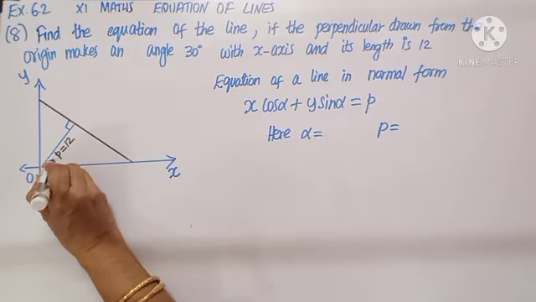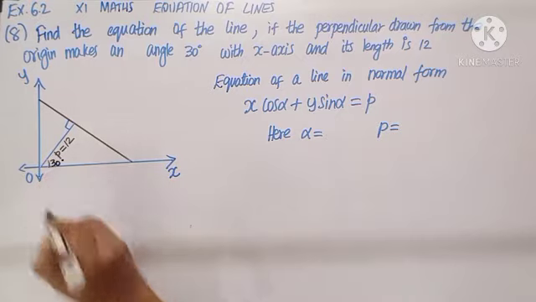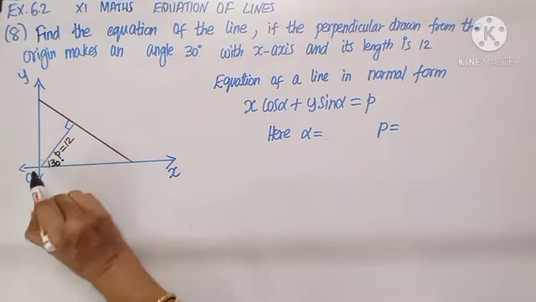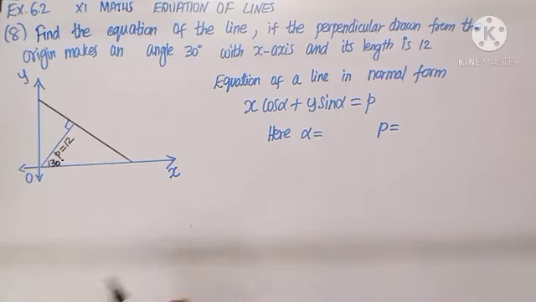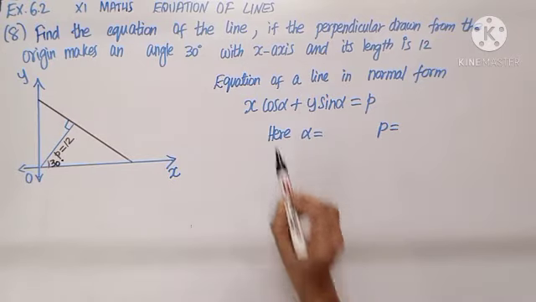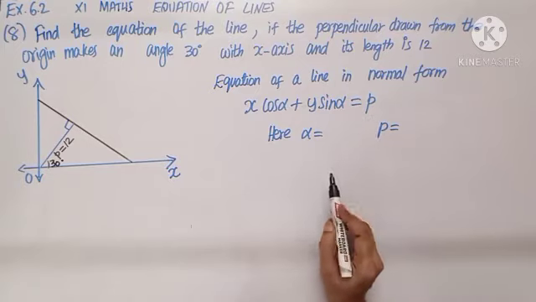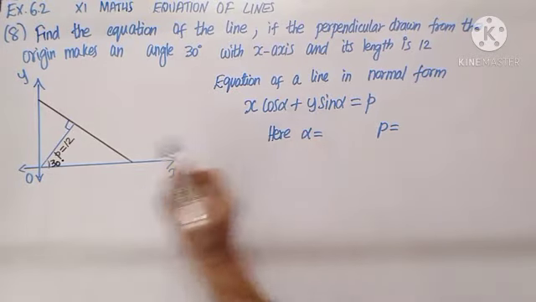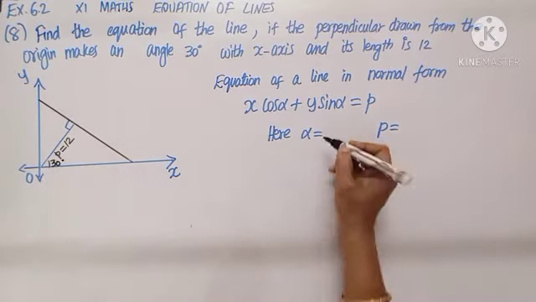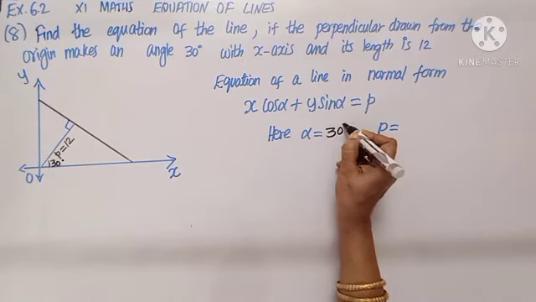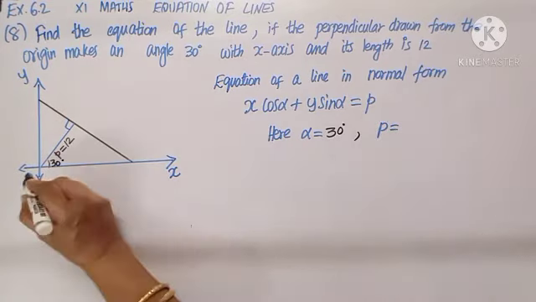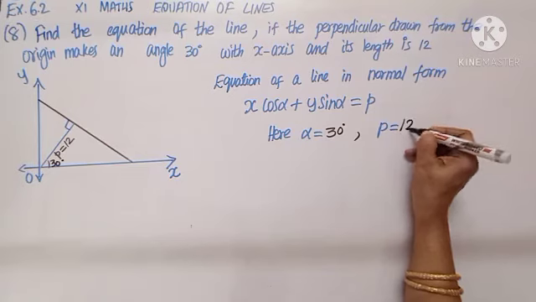So this angle we call 30 degrees and the perpendicular length is 12. In this formula, we know x cos alpha plus y sin alpha equals to P. Alpha is the angle made by the perpendicular, that is 30 degrees. P, the length of the perpendicular, that is 12.